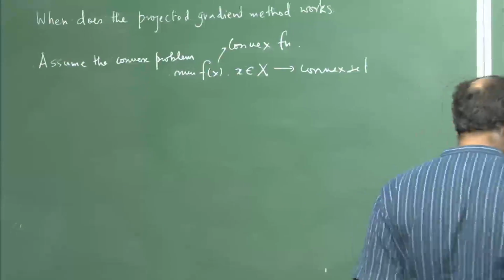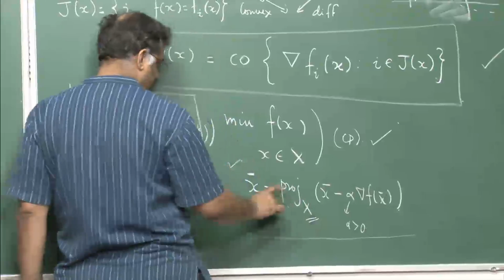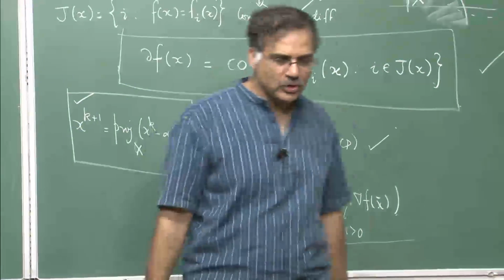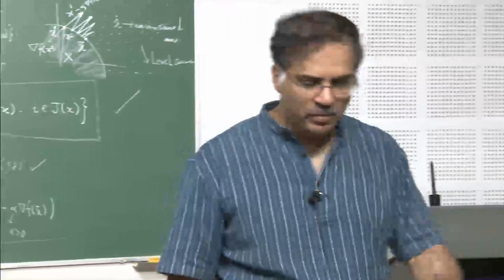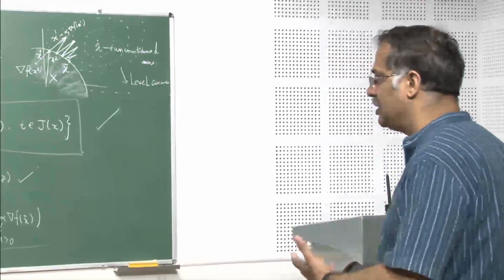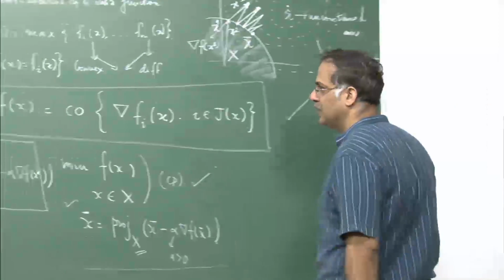Of course, this projected gradient method works for the case where you can have nice projections. So, I will give you tomorrow some cases where you can have very simple projection formulas, and for those cases, which are also important in applications, this sort of method will actually work.